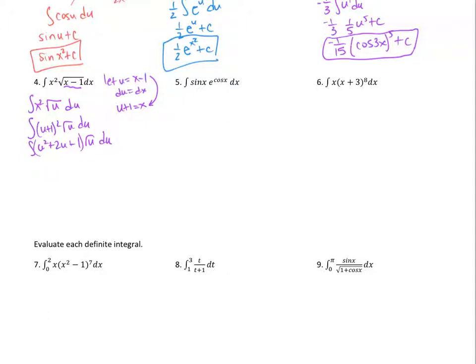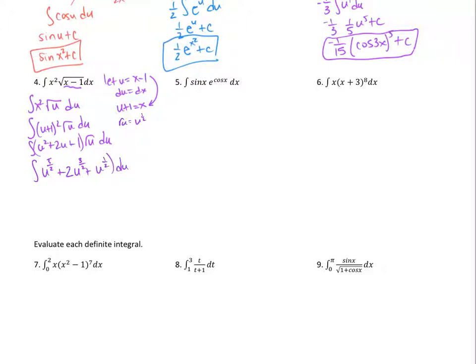Remember, root u is u to the 1/2. So let's go ahead and distribute that. So you end up with u to the 5/2 plus distribute it again, 2u to the 3/2 plus u to the 1/2 du.